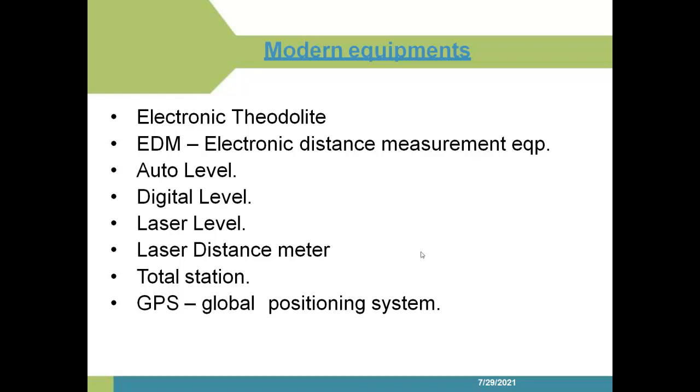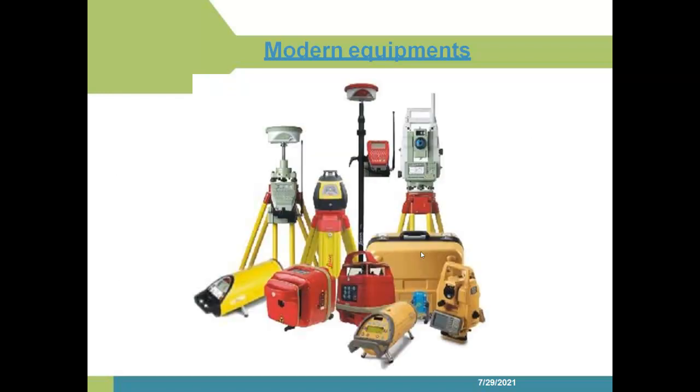So these are the modern instruments. First one is the electronic theodolite, EDM, auto level, digital level, laser distance meter, total station, GPS. These instruments we are going to discover in a little bit of detail.